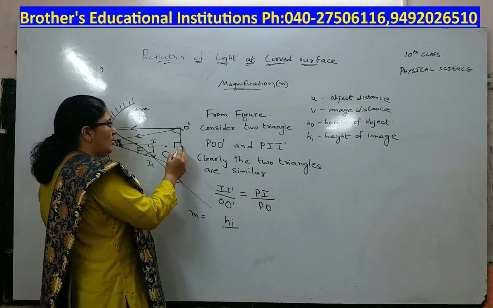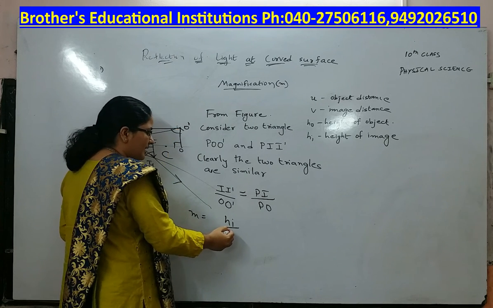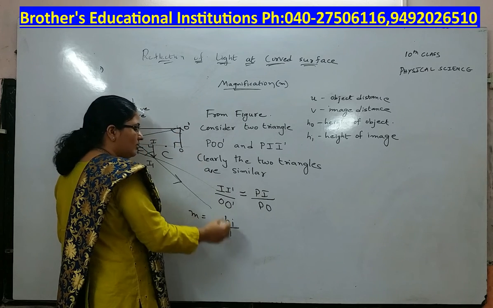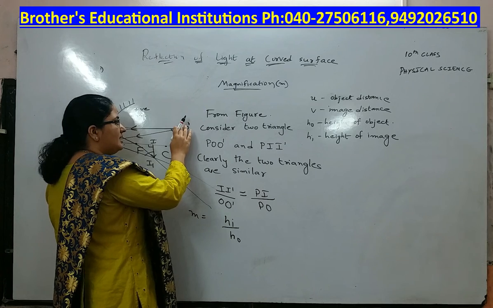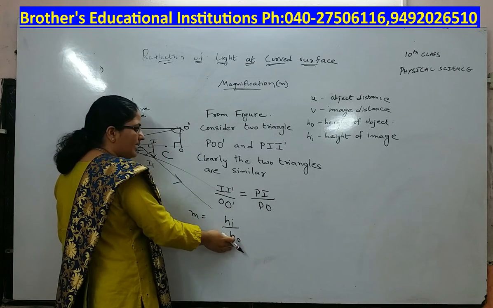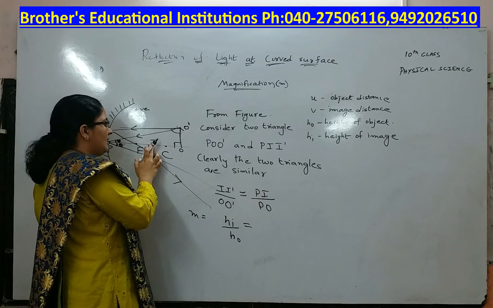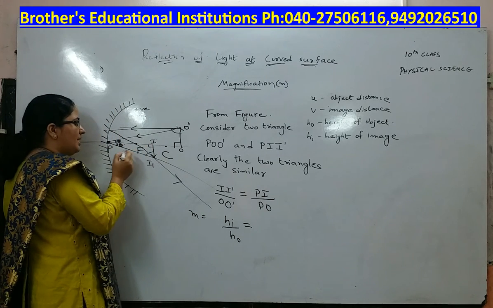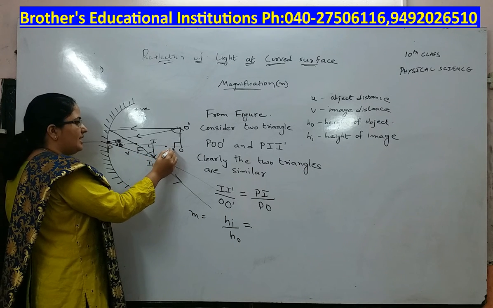O dash is the height of the object, so I will write H naught. PI is the image distance, we write it as V. Object distance we write as U.